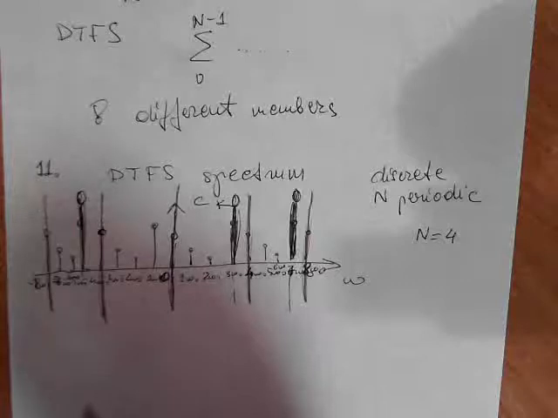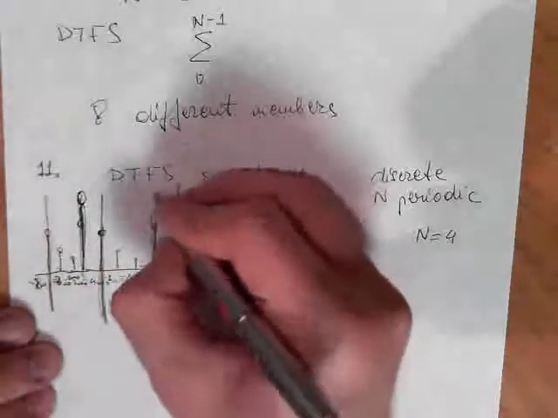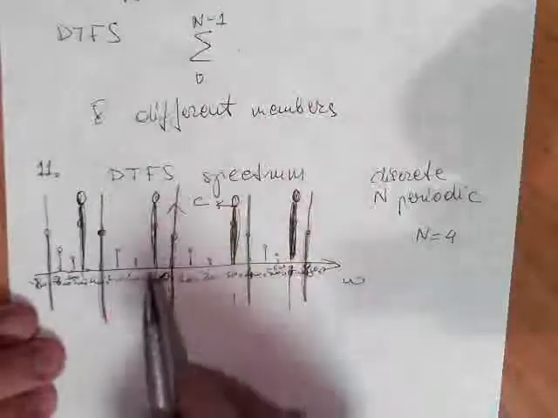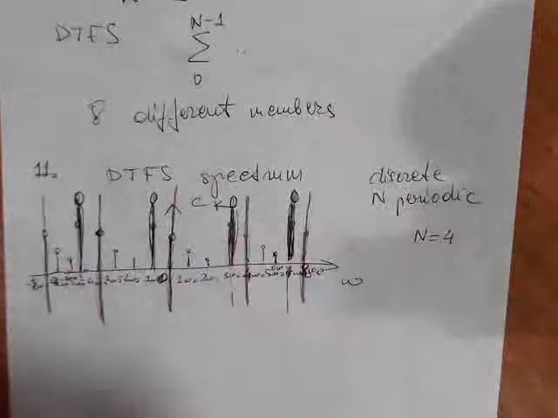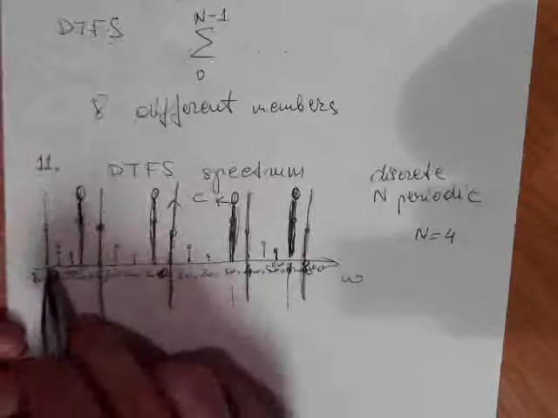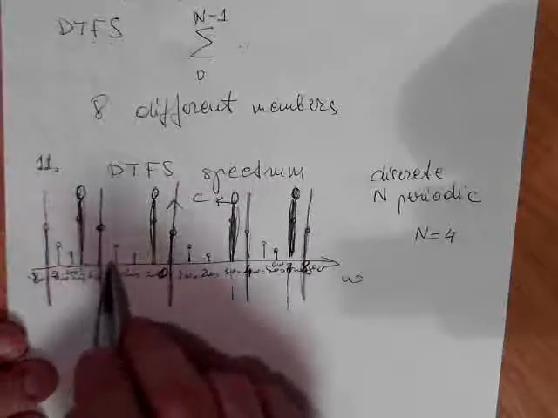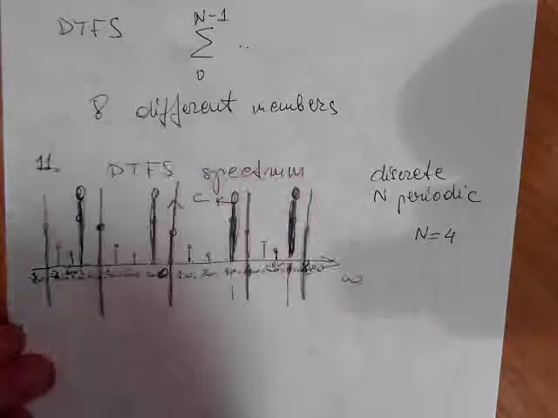Now, I don't know if it looks nicer, but it is correct. We have 1, 2, 3, 4 halves here, and again 1, 2, 3, 4 halves here, and here, and here.